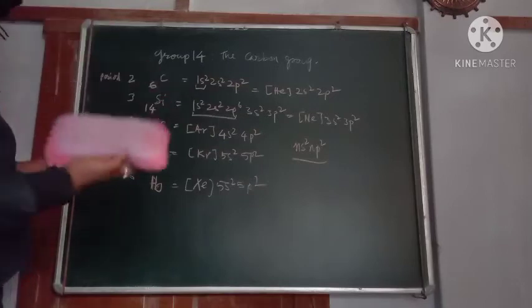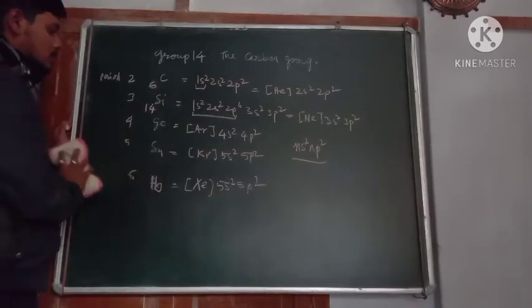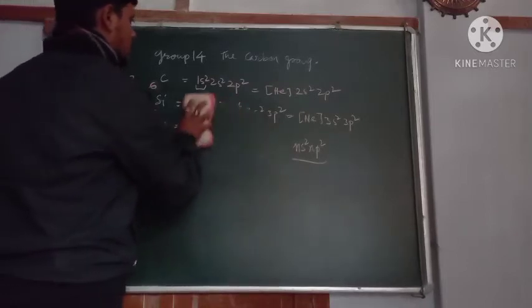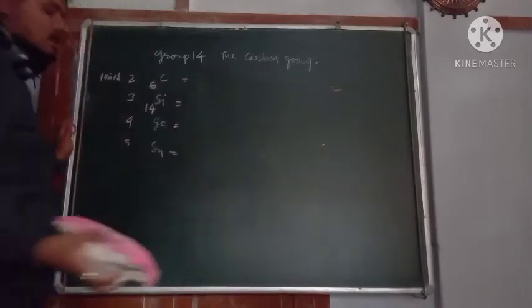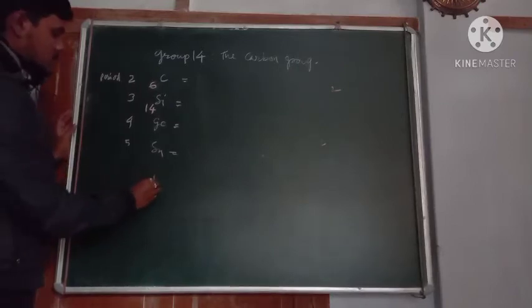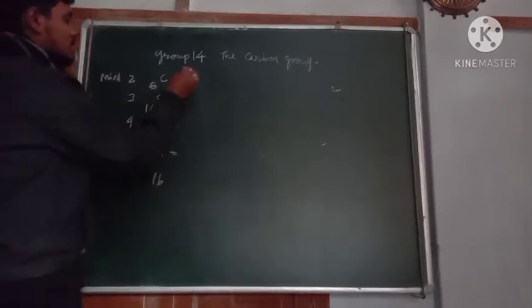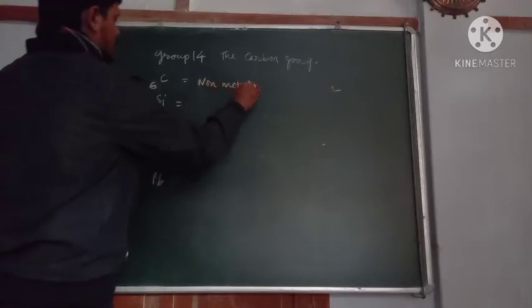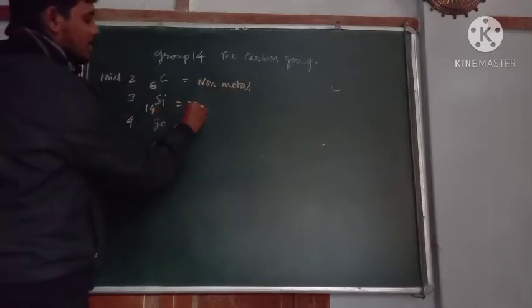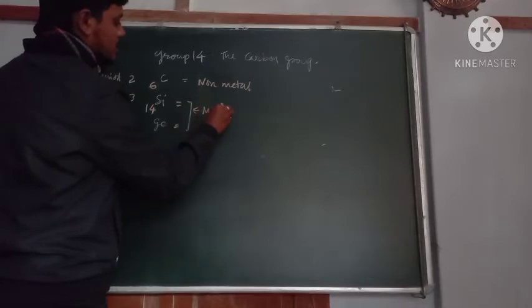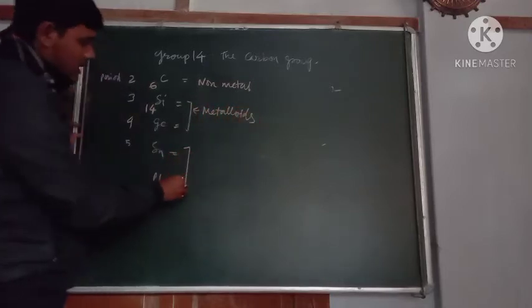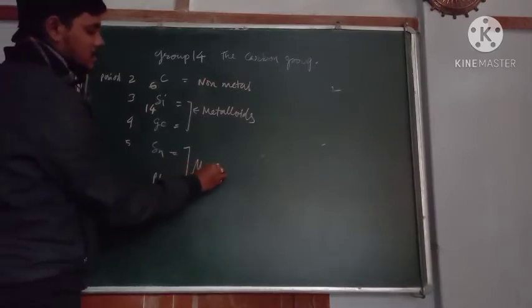One more property of these carbon group elements is that carbon is a non-metal, silicon and germanium are metalloids, and tin and lead are metals.